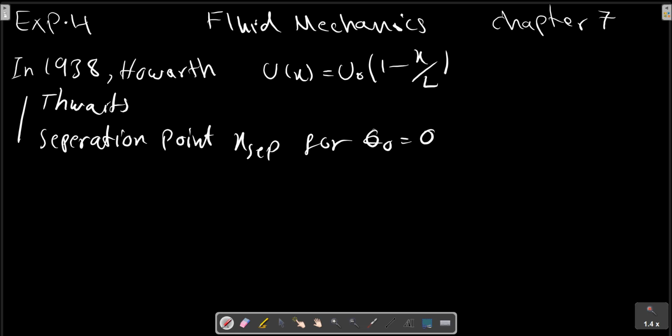Also compute the value of CF at the condition x/L equals 1/10.